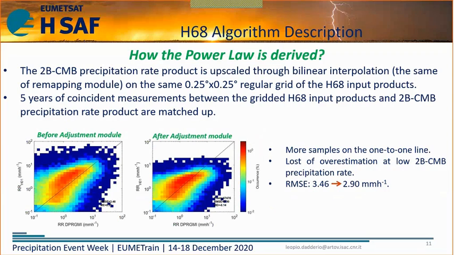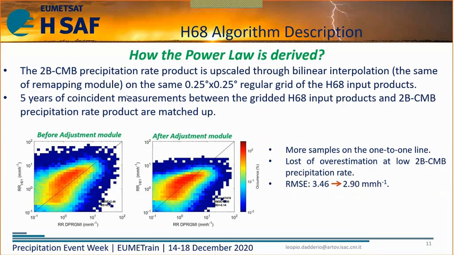Here you can see an example of the two-dimensional histogram between H01 and to-be combined, taken as a reference, before the adjustment module on the left and after the adjustment module.